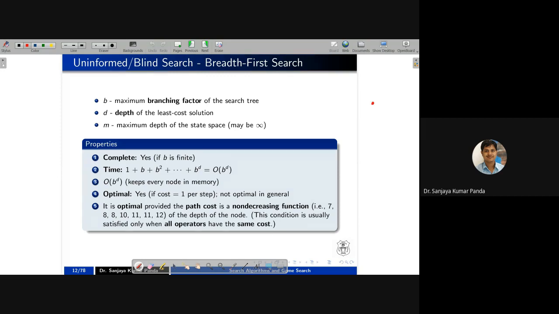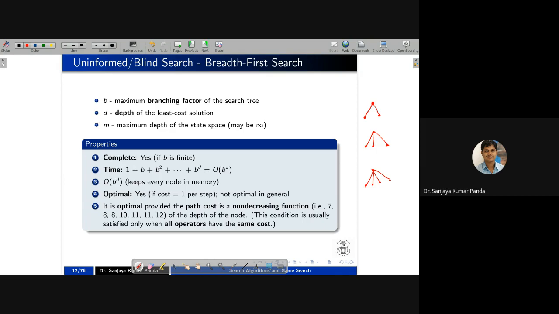Suppose one node is expanding and you are getting 2 children nodes, so the branching factor is 2. If you expand one node and get 3 children, your branching factor is 3. If you get 4 children, your branching factor is 4. So we are considering the maximum branching factor in a search tree. If you go for a binary tree, generally it is 2.